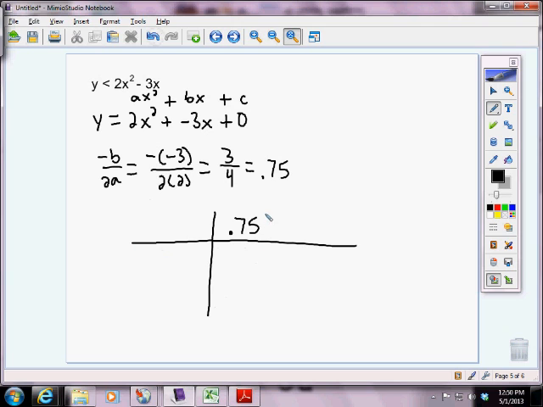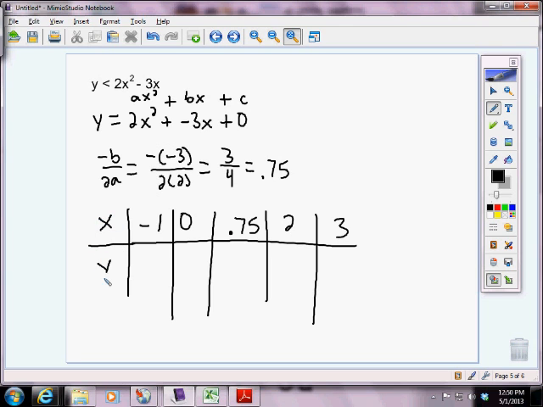So we pick a couple values on either side, maybe 2 and 3, maybe 0 and negative 1. Again, I just selected those. These are my inputs, my x's, and what I get out are my y's. So plug this into calculators.